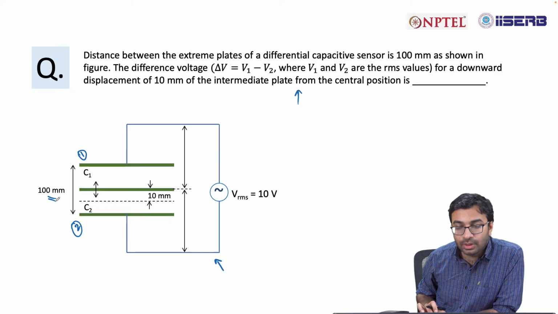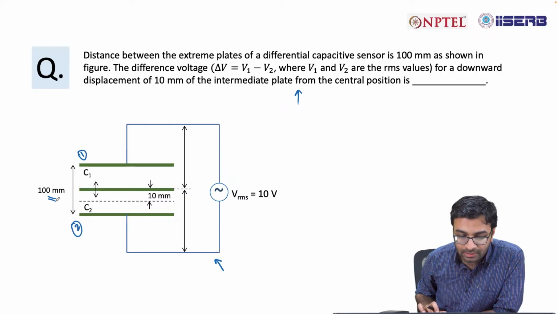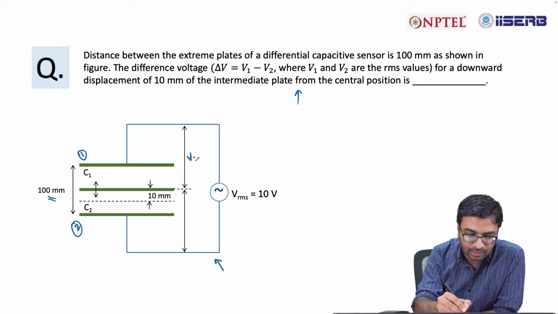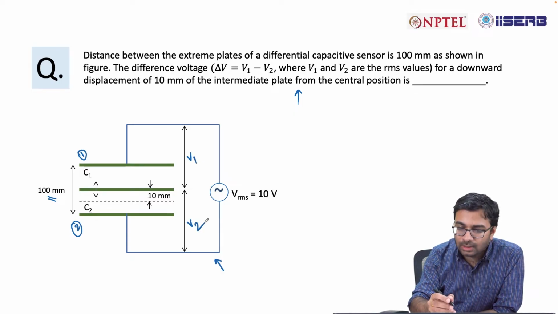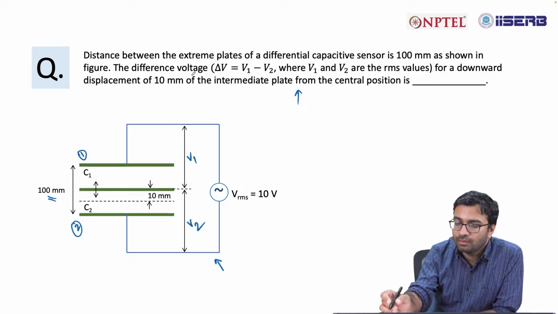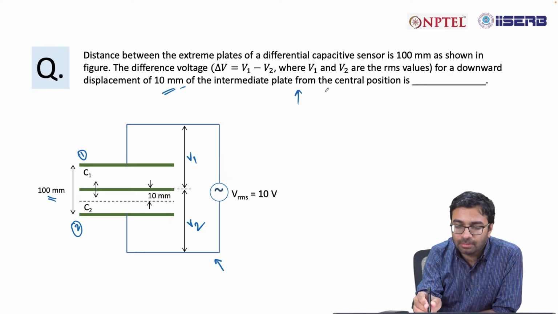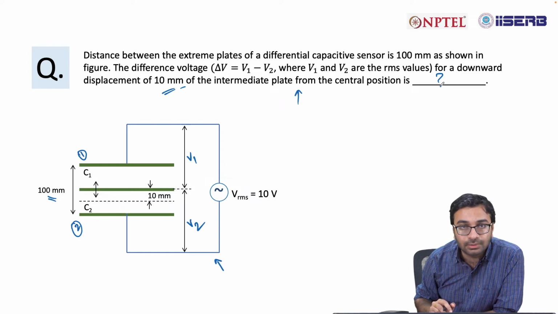Now the difference voltage, that is delta V, equal to V1 minus V2, where V1 and V2 are the RMS values. So the difference voltage for a downward displacement of 10 mm of the intermediate plate from the central position is, we need to figure that out.